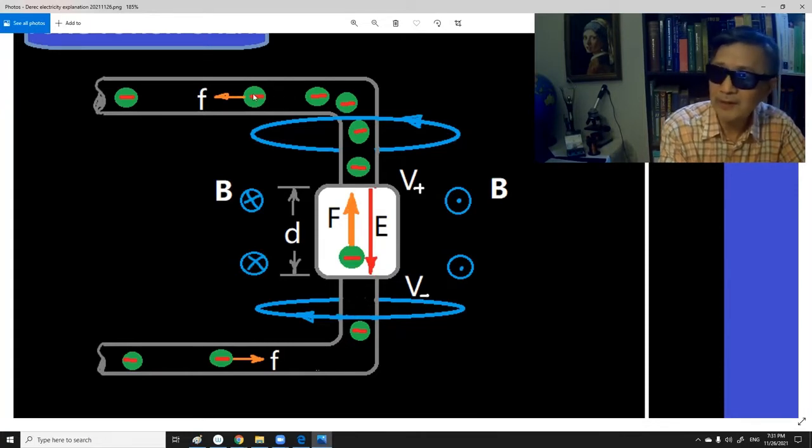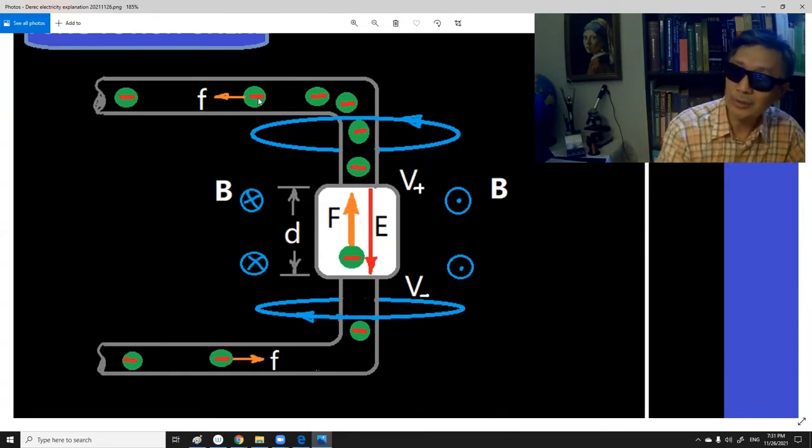So therefore, inevitably, because of the repulsive nature of interaction among electrons, electrons will be pushed by this repulsive force toward the anode, to the positive side.